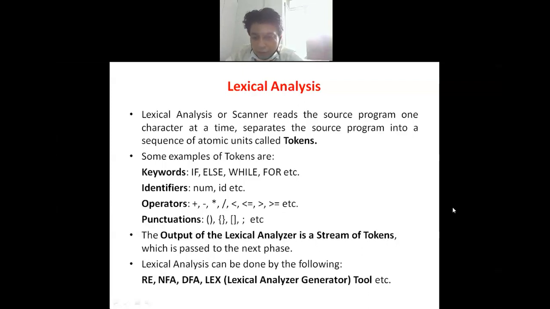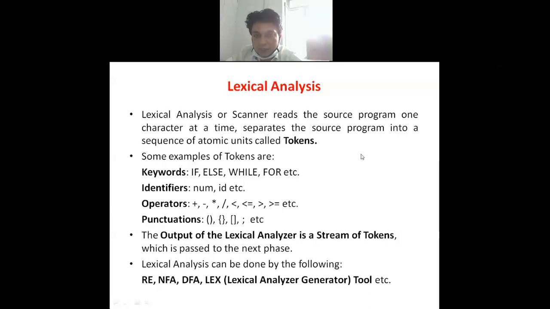So you need to draw the diagram of the phases of the compiler, all six phases, and then illustrate with an example which we already discussed, position is equal to initial plus rate into 60, and then you need to discuss each and every phase of the compiler one by one in detail, along with the task of the symbol table management, as well as the error handler.